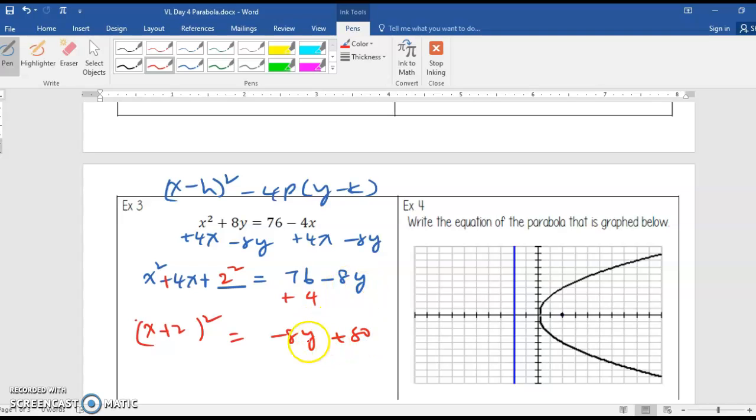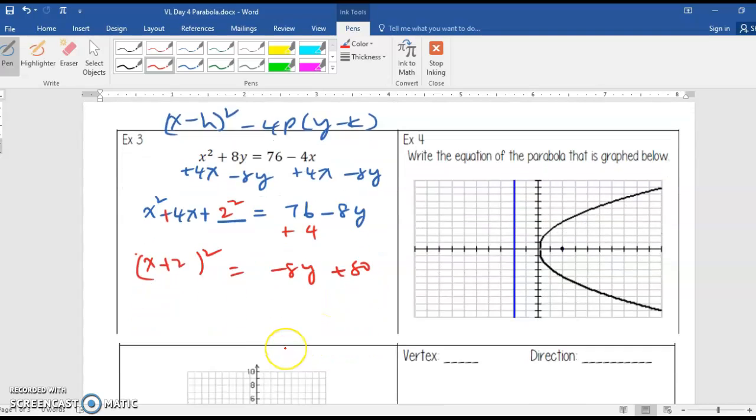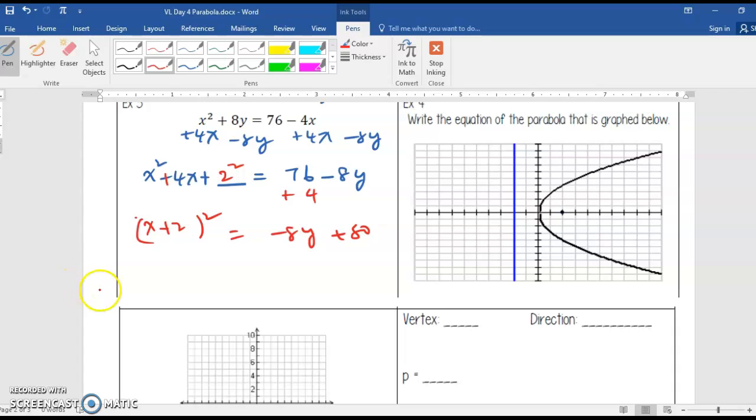There is a reason for me to write the y term first, and now you would factor the negative 8, right? That's it. So your center or the vertex here, vertex is going to be negative 2 and positive 10.